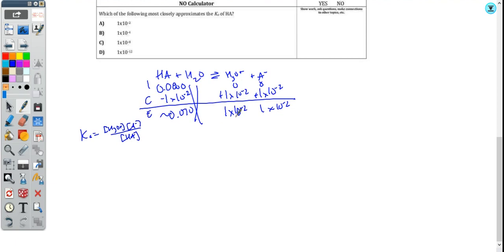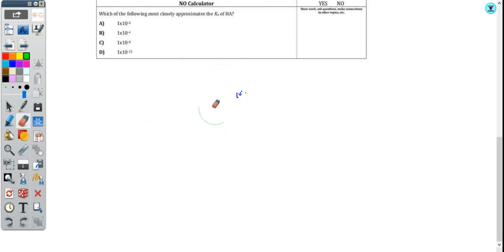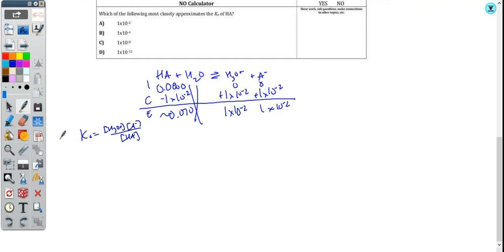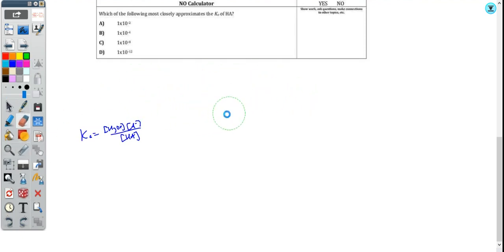But we try to think about ways we've already solved for Ka. And technically, I suppose you could do this or something like this, but the point of this question isn't any of that. The point of this question is to recognize some important things about your titration curve. When you do have your Ka expression, this is how we define Ka, products over reactants, when we put the acid in water.